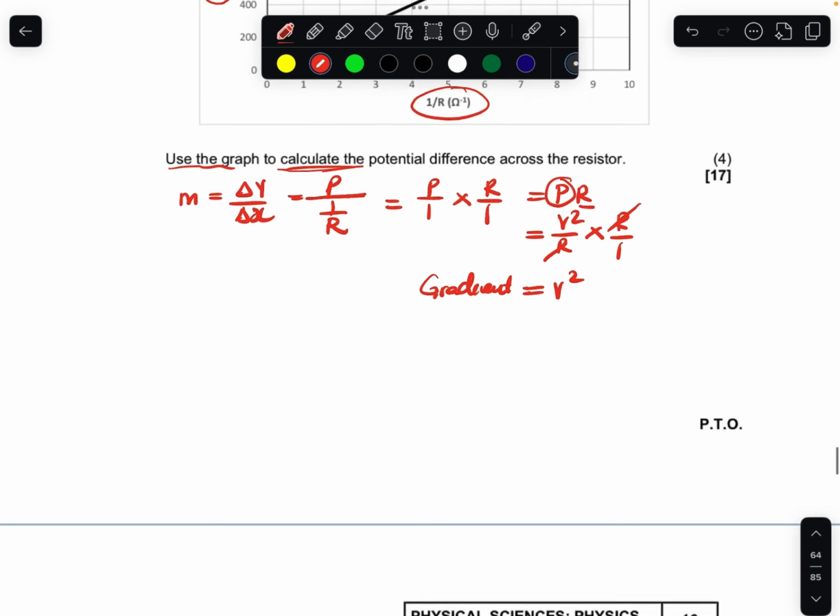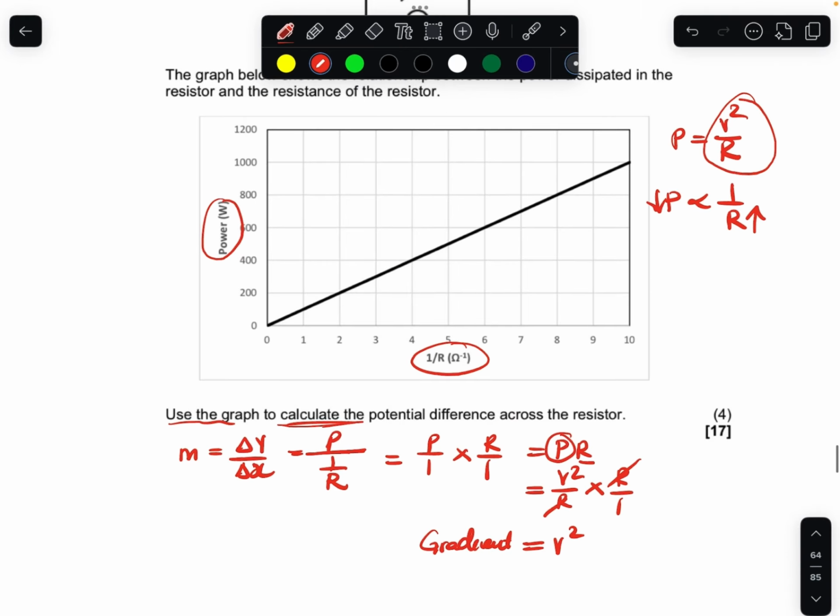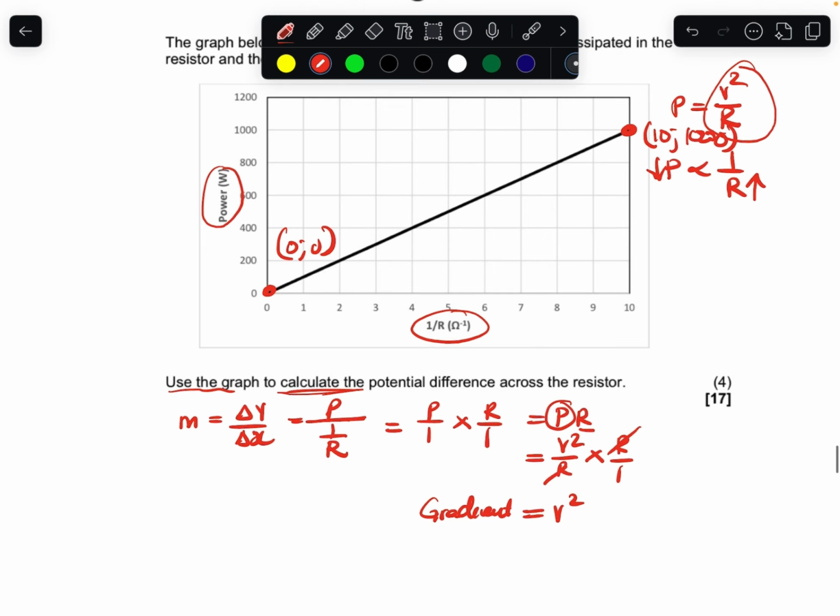So what are we going to do? We're going to take 2 points. I'm going to take the point here and that point. This point here is 0 into 0. And this point here is 10 into 1000, right? So when we calculate the gradient here, which is the V squared, it's the change in y over change in x.